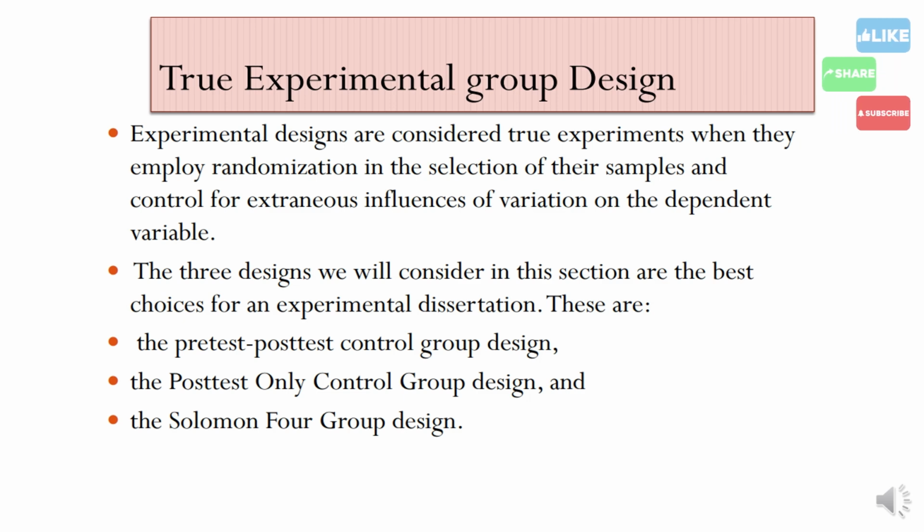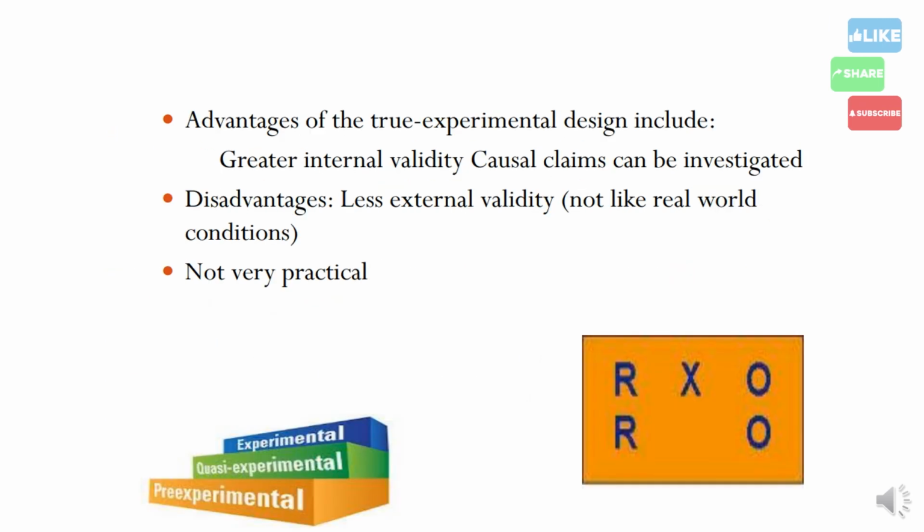So these are the different types of the true experimental design. Now we have some advantages of the true experimental design, including greater internal validity, and causal claims can be investigated. On the other hand, we have disadvantages as well, like less external validity, not like a real world condition, and not very practical is the very big one.